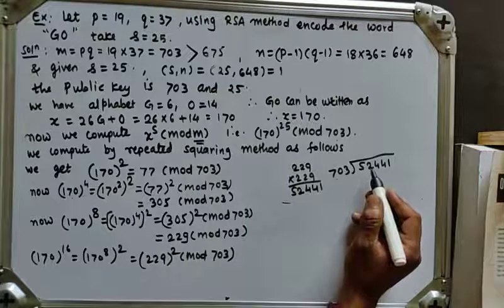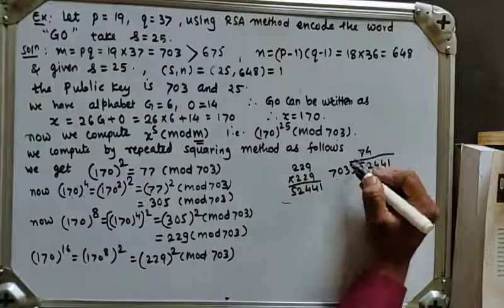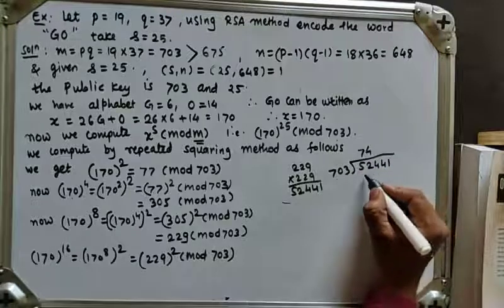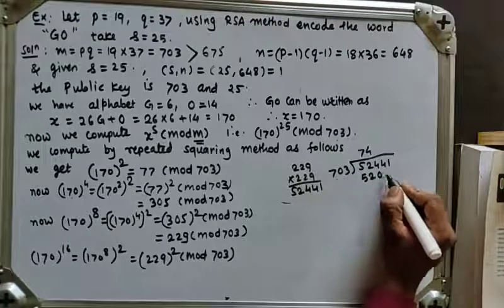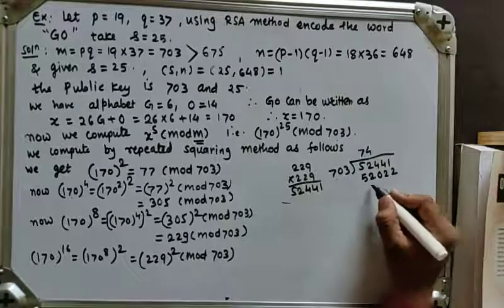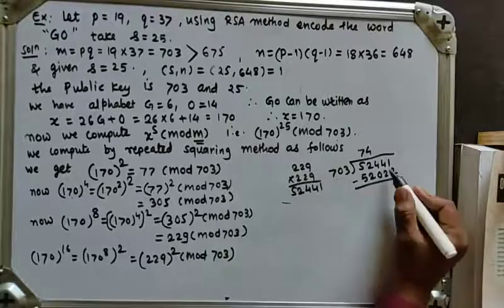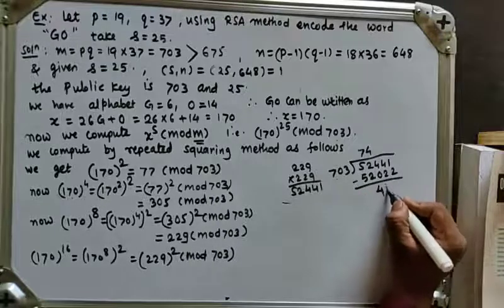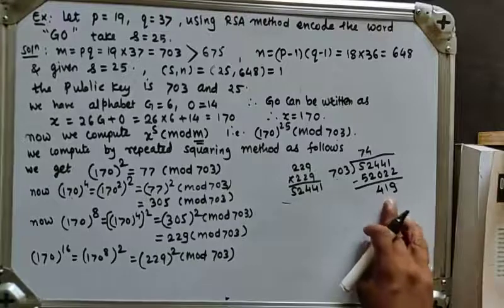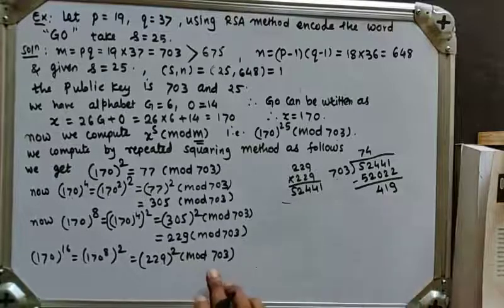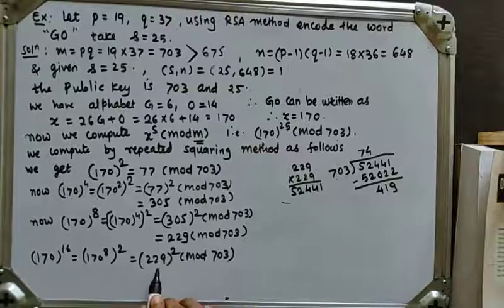The quotient is 74. After multiplying, we get 52022, and after subtraction, we get 419 as the remainder. So this is 419 modulo 703.